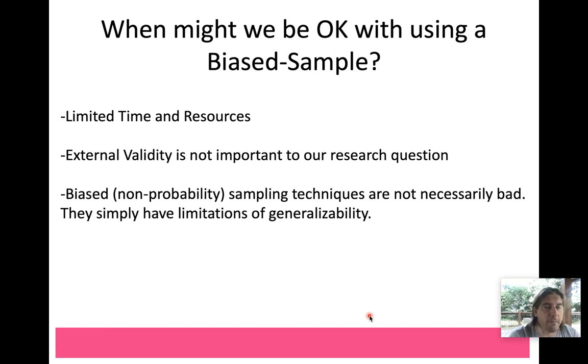So these biased or non-probability or unrepresentative sampling techniques aren't necessarily bad. You will see them commonly used and they exist. That's why we're talking about them. They just have limitations when it comes to generalizability, and we need to be aware of those limitations, and we have to acknowledge them and consider them when we make that second arrow, right?